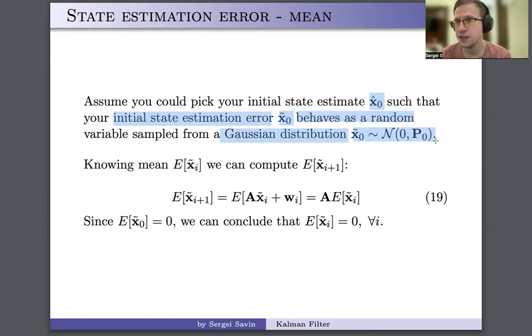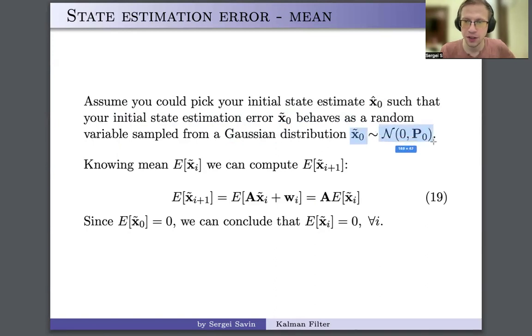But if you think this is a big assumption, good, keep it in mind, because it is an assumption. And how are you going to make sure in practice that you have a Gaussian distribution? Good question. You can ask yourself that, but we'll make this assumption. We need it. So our initial error will be sampled from a Gaussian distribution with zero mean and covariance P0.